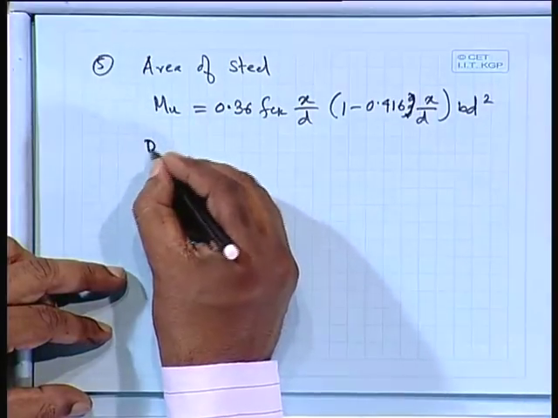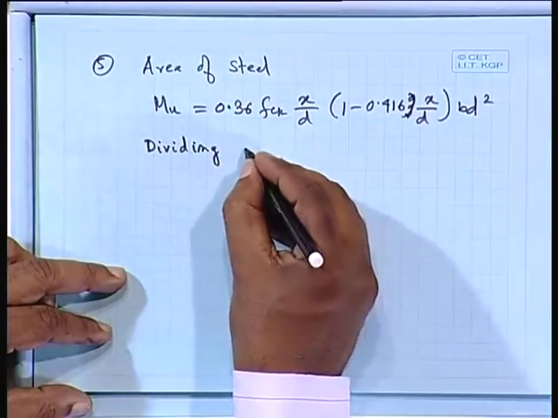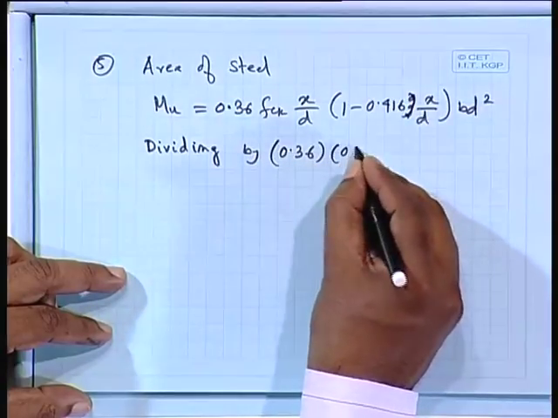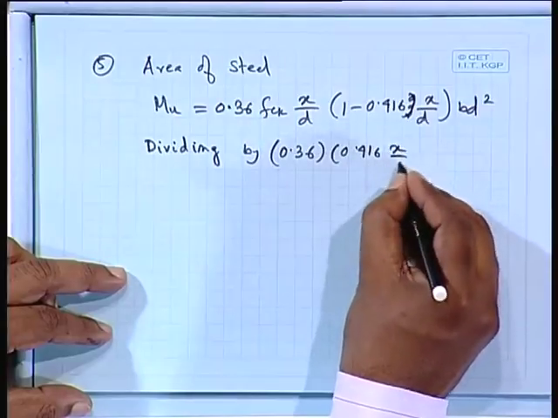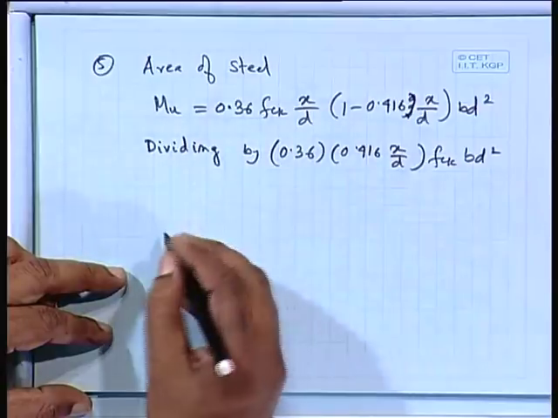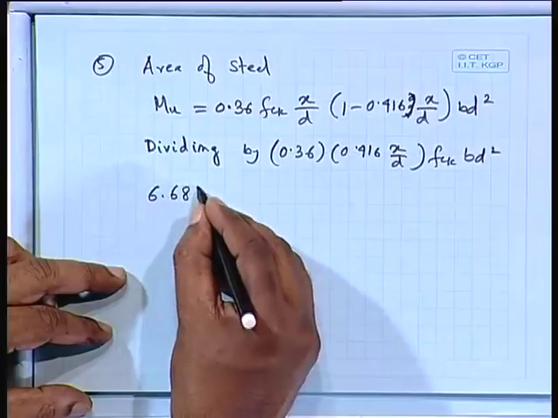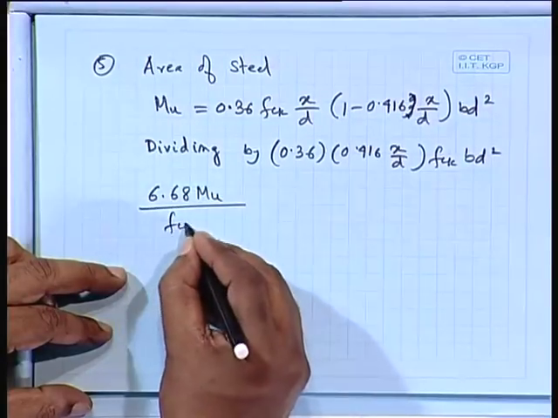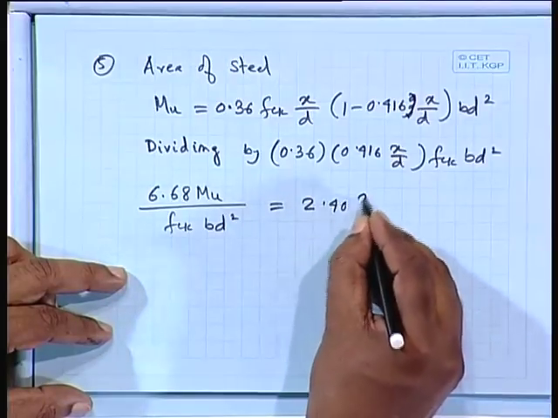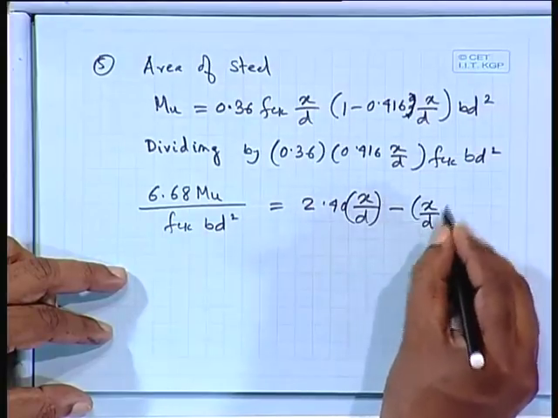Let me write it down once more. Dividing by 0.36 times 0.416 x by d fck b d square, we get 6.68 Mu by fck b d square equal to 2.40 x by d minus (x by d) whole square.